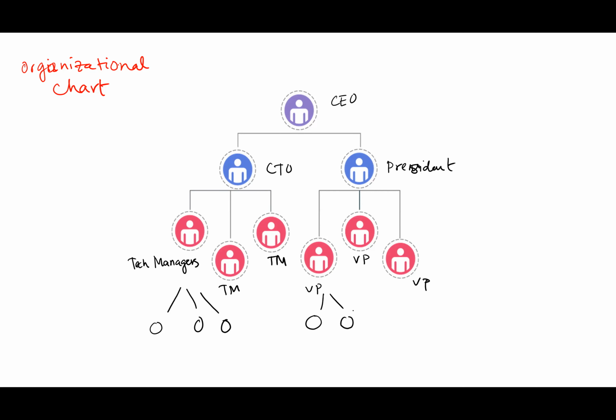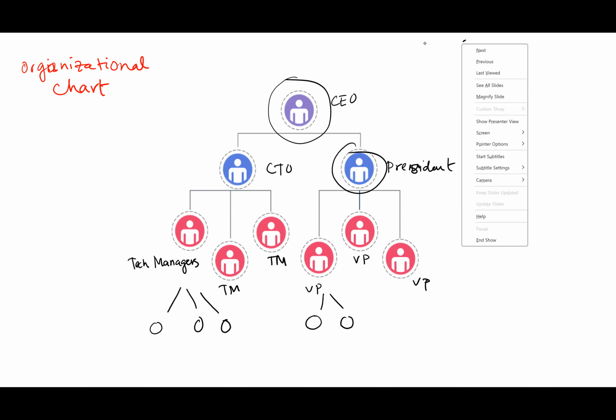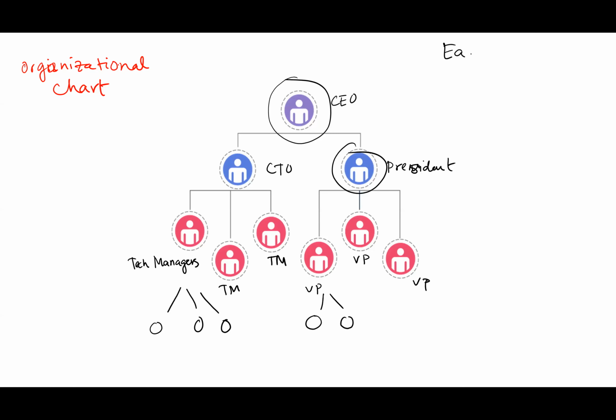Now let's see how tree data structure is formed. So first of all, these are the nodes. Each node has some data.